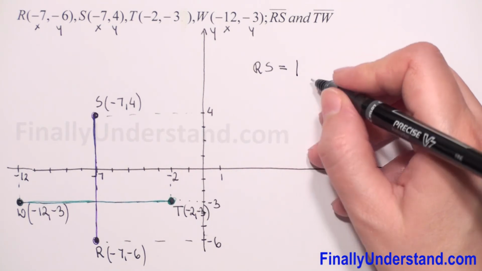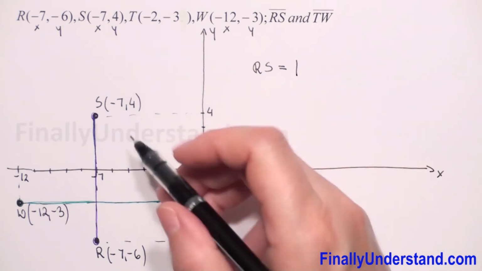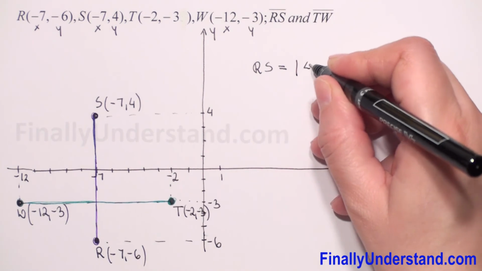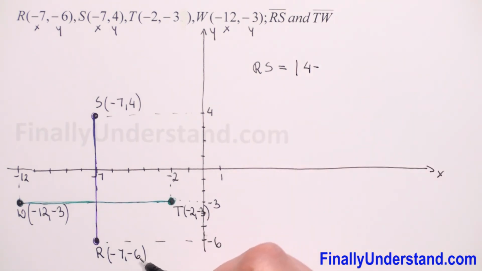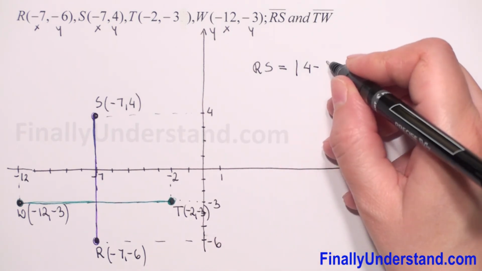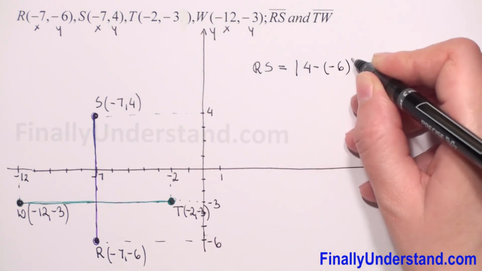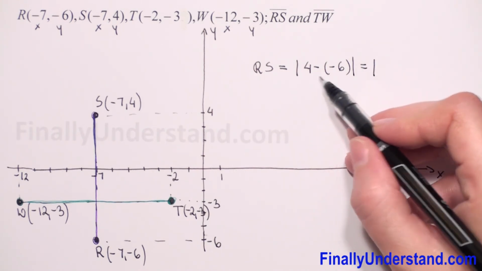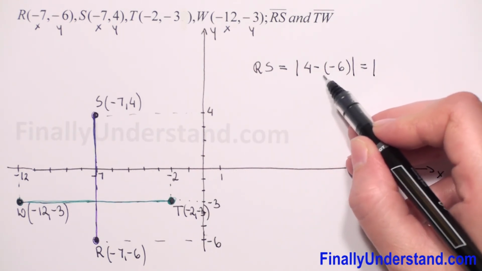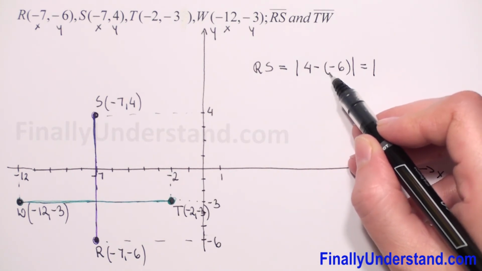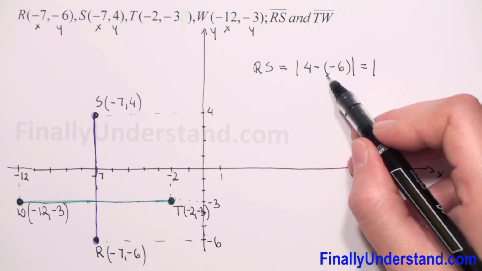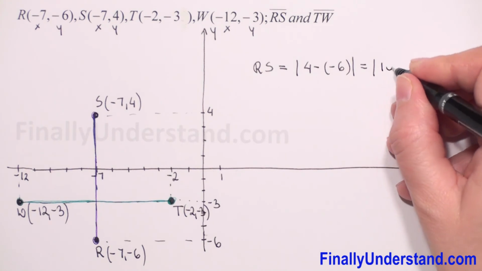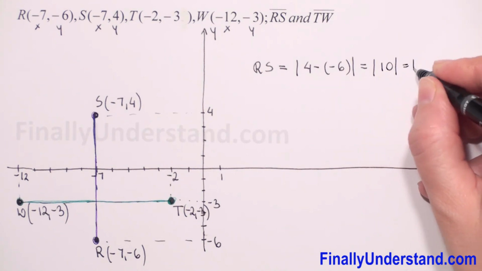So we have absolute value of 4 minus, and Y for R equals -6, so we put -6 in parentheses. Negative and negative give positive, so we have 4 plus 6 is 10. Absolute value of 10 is equal to 10.